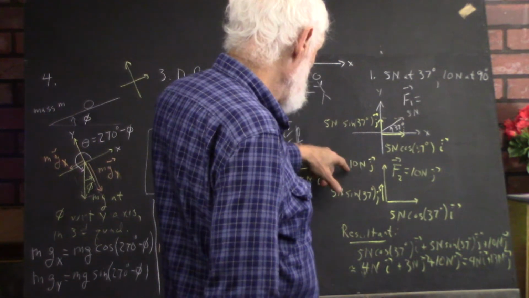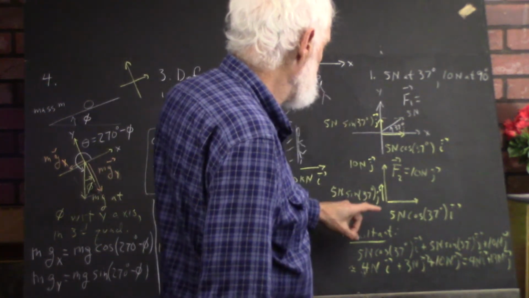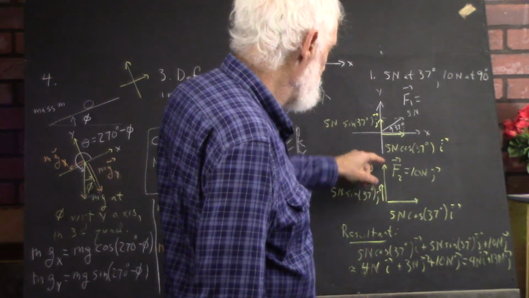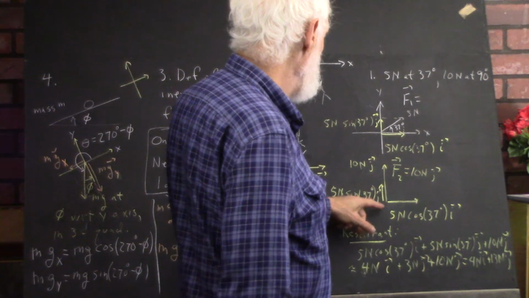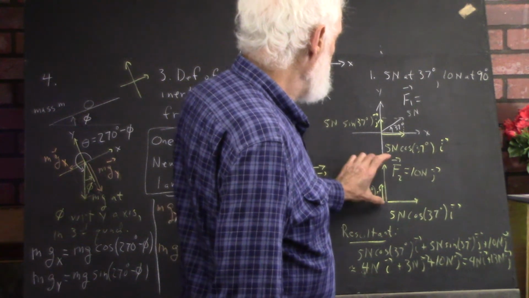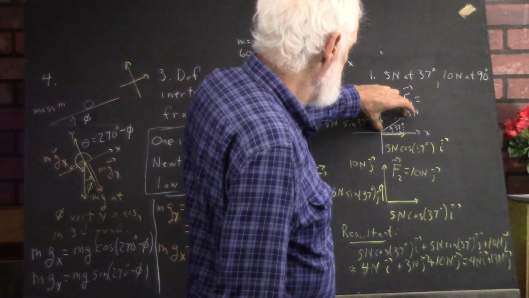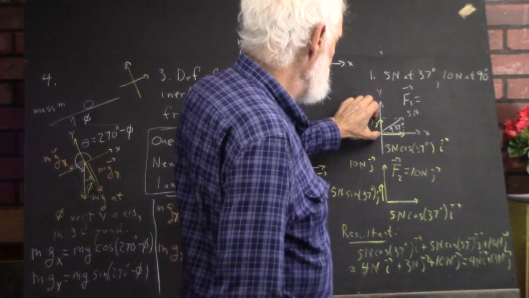We call that F2. Okay, so if we put the 2 vectors together, we have the 5 Newton cosine 37 degrees times i, 5 Newton sine 37 degrees times j.